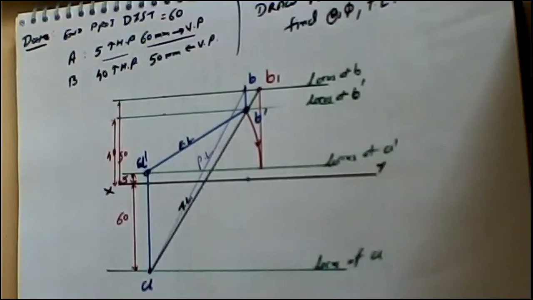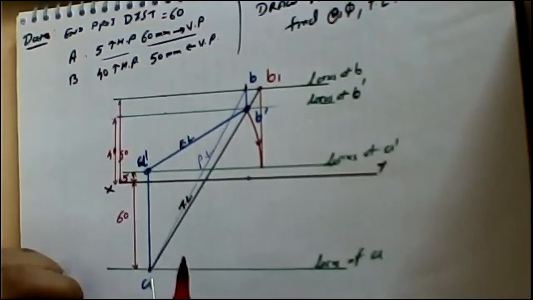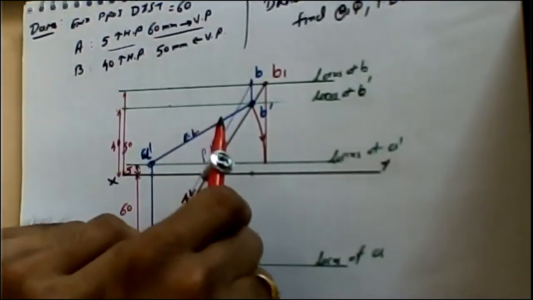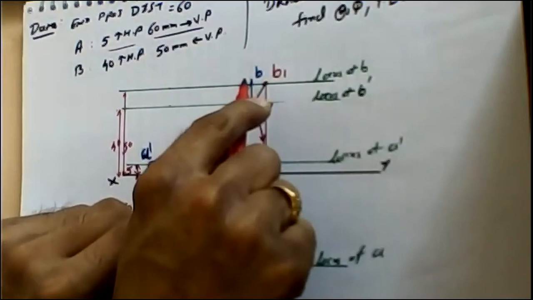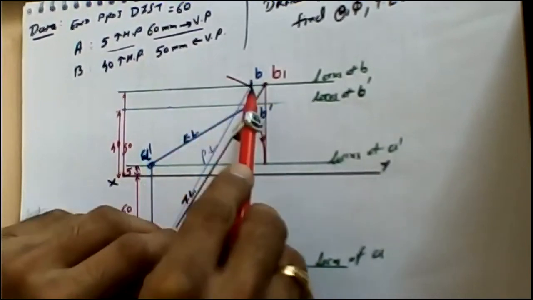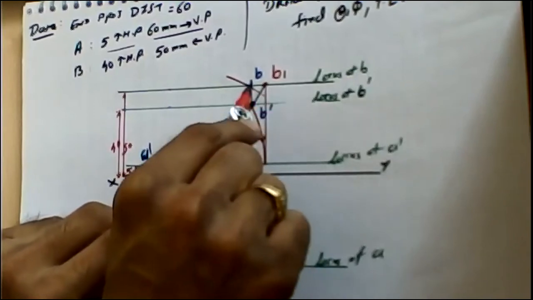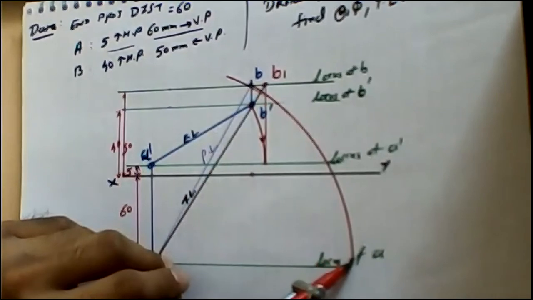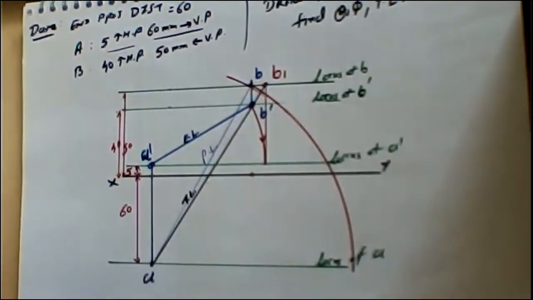If we are having plan length endpoint as B, what we should do? We should be drafting an arc from B. From A, I am starting the arc, taking radius about AB, and from B, I will be drafting an arc in downward direction. The arc is going to be up to the locus of A.